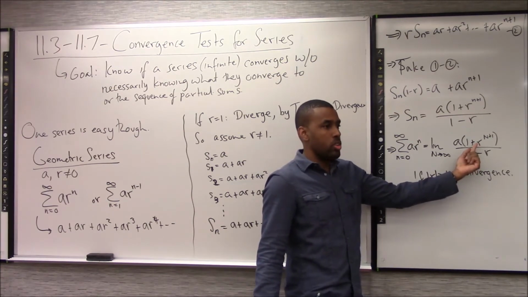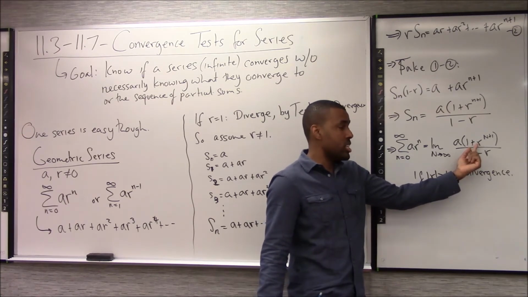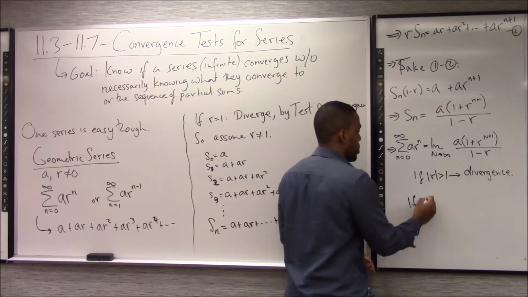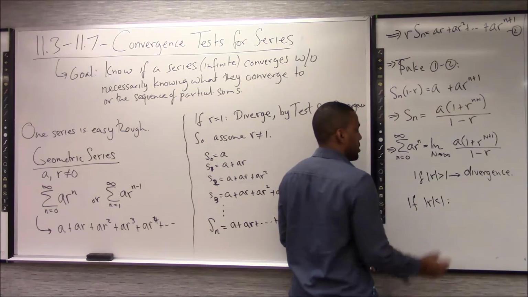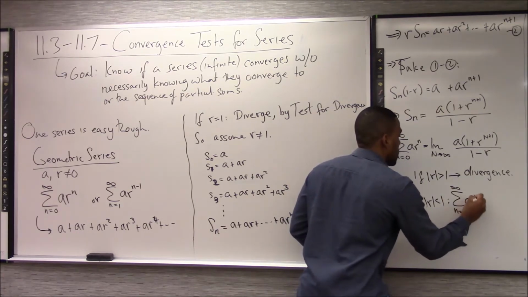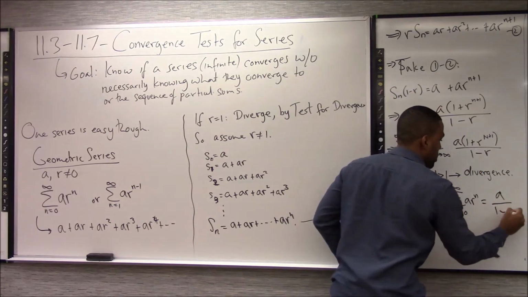It looks like 1 over an exponential function, and that decreases to 0. So if your r is less than 1 in absolute value, then that term is going to be 0, so it just becomes a over 1 minus r.